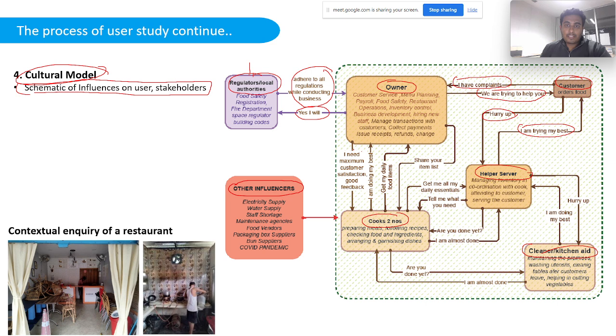Oh, sorry, this is the owner. The owner wants the cook to cook food so well that the owner gets good customer satisfaction. The cook says, okay, I'll do my best. Then, get my daily food items. So the cook asks the owner to get the food. Then the owner says, okay, share your items list.